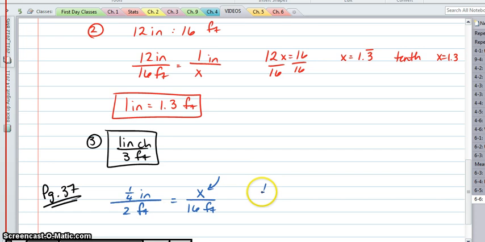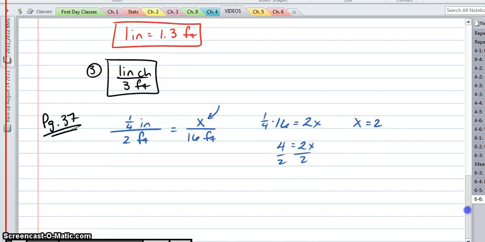Again, we can cross multiply. This works out really nicely. Divide by 2 and you will get x equals 2. So in this drawing we will have 2 inches representing the length of the 16-foot long lobby.